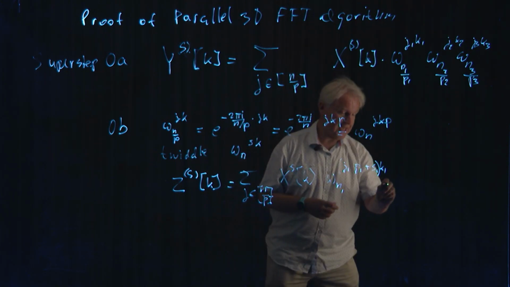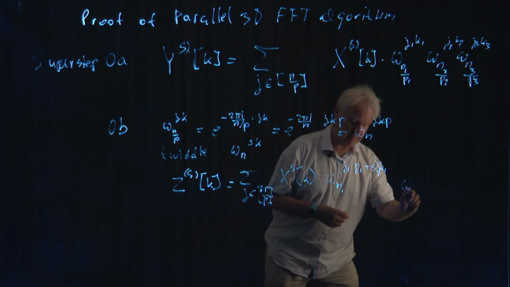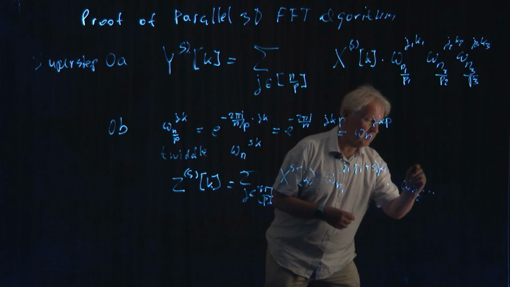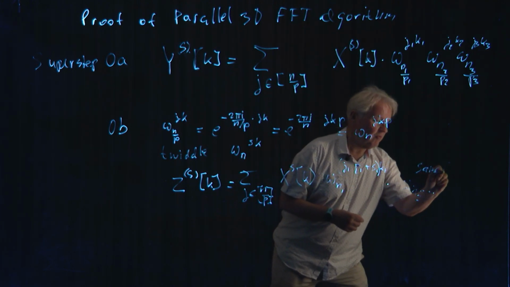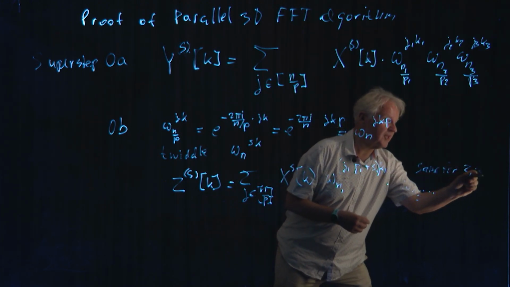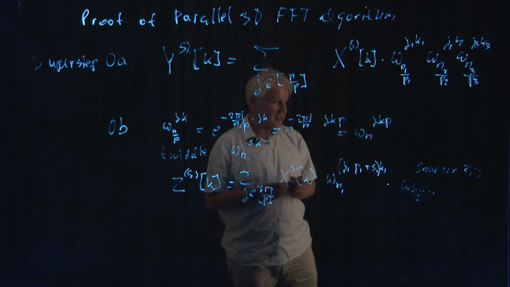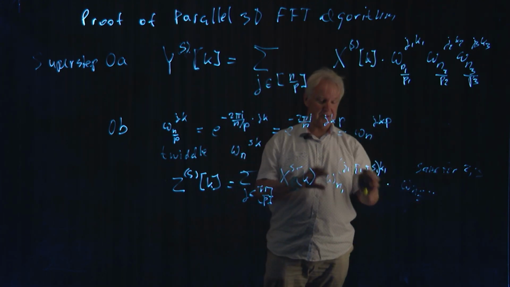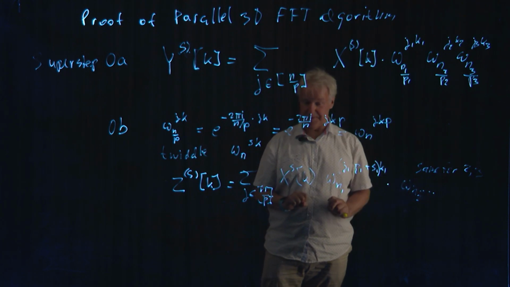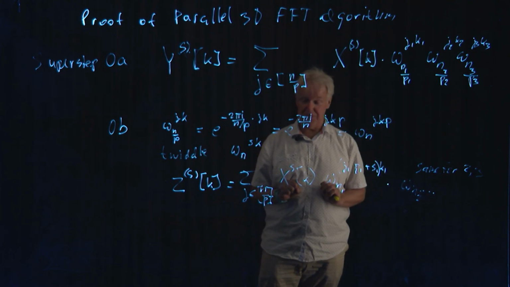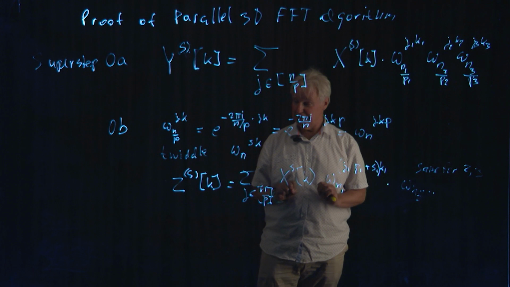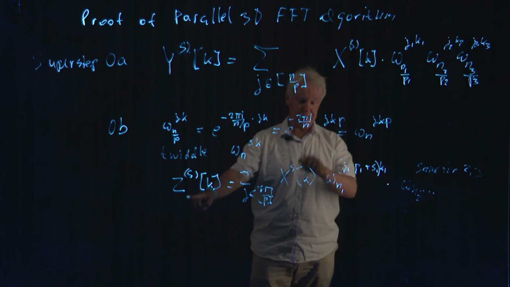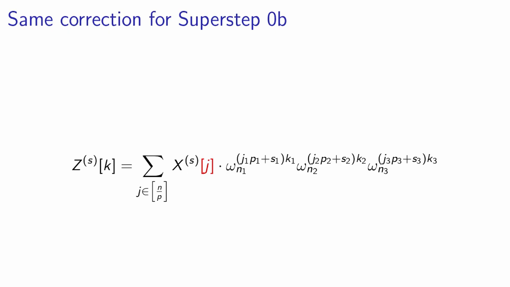And we have the same for omega n2, same for 2 and 3. I will be lazy and not always write this, but the same expression we get here. So that concludes superstep 0. We have a z expressed as the original x.